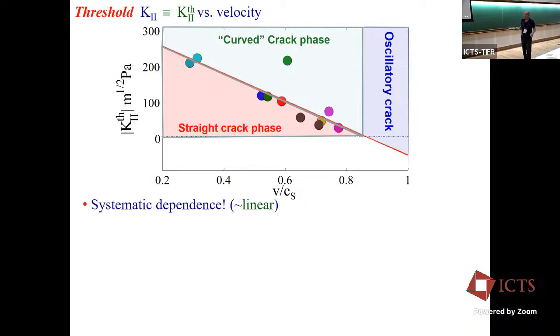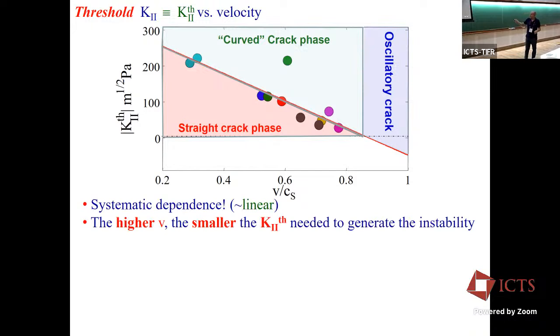Okay. So we find the systematic behavior: the higher the velocity, the smaller the perturbation we need. And I'll call the microbranch a curved crack phase. Why will I call it a curved crack phase? Because I think it's a close cousin of the curved oscillatory instability. Why did these disappear? We'll look at that in a second.